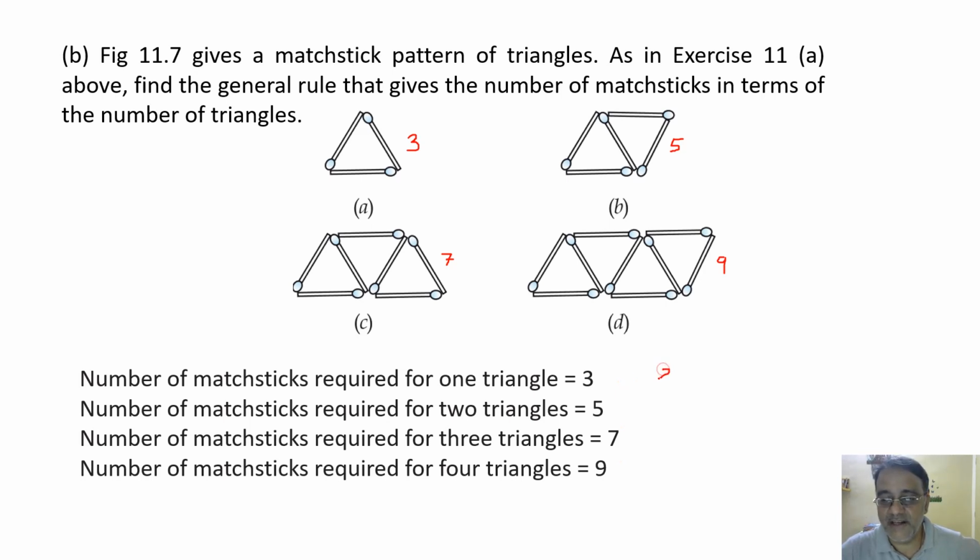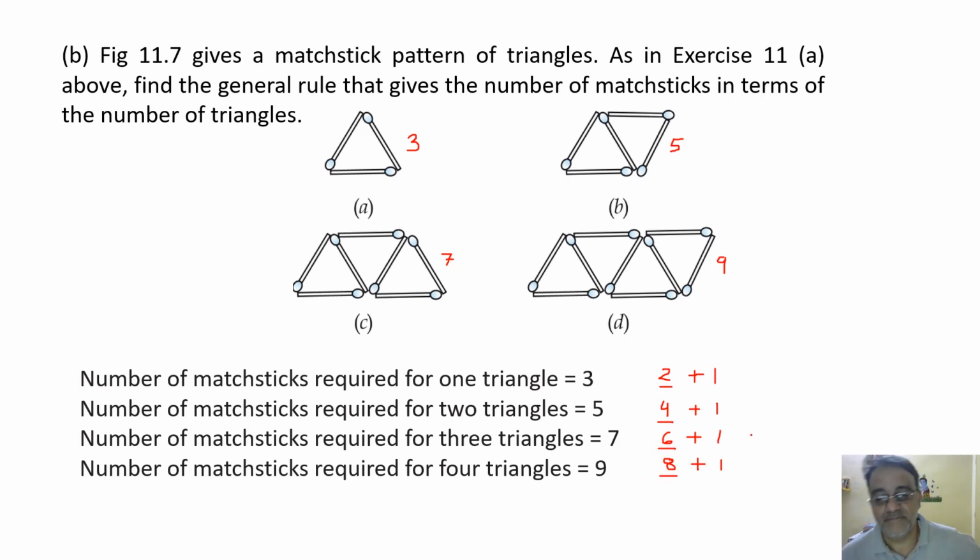So 5 का 3 का 7 और 4 का 9. So this we can write 2 plus 1 and this we can write 4 plus 1. ठीक है? And 7 we can write 6 plus 1 and 9 we can write 8 plus 1. So what is the speciality of this 2, 4, 6, 8?